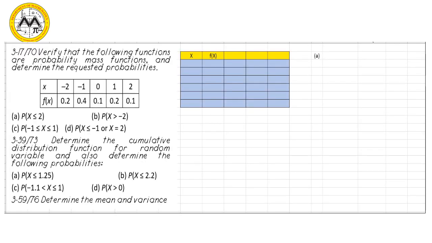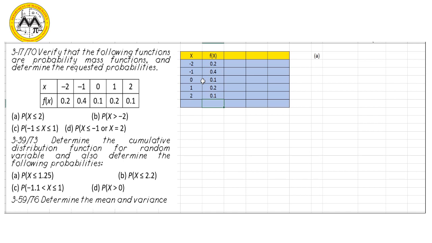So to solve this problem, we first encode the probability mass function as -2, -1, 0, 1, and 2 with their corresponding f of x's, or the probability mass functions, to be equal to 0.2, 0.4, 0.1, 0.2, and 0.1.